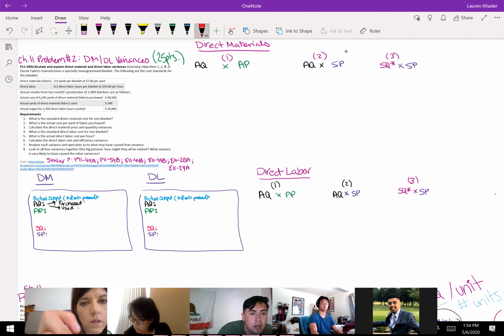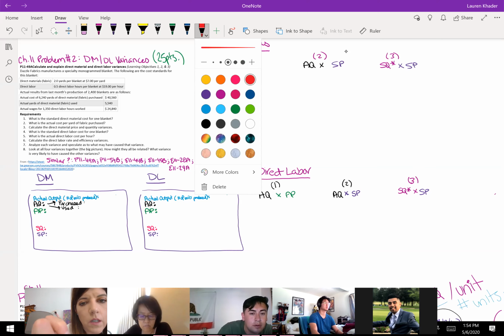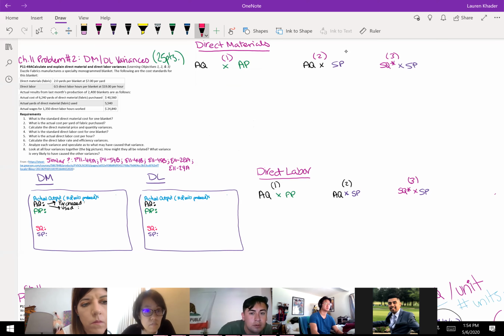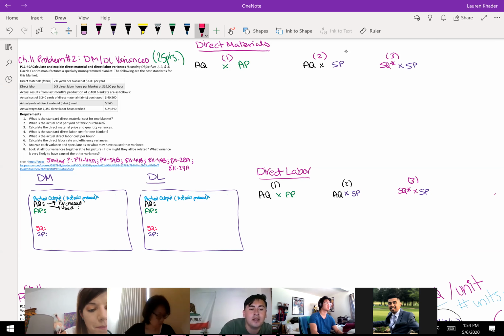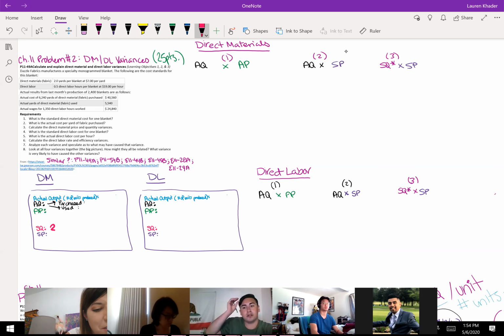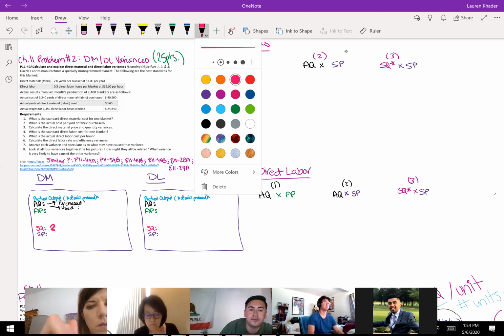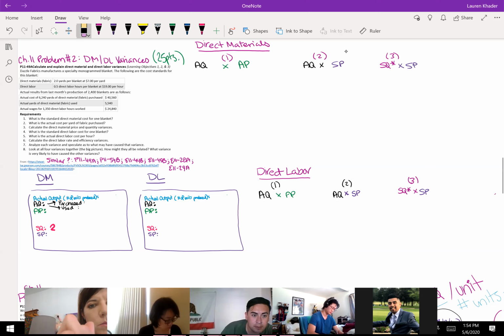Material. So it's under the materials, but is it standard quantity, standard price, or actual price? Standard quantity per unit. So 2 yards per unit.